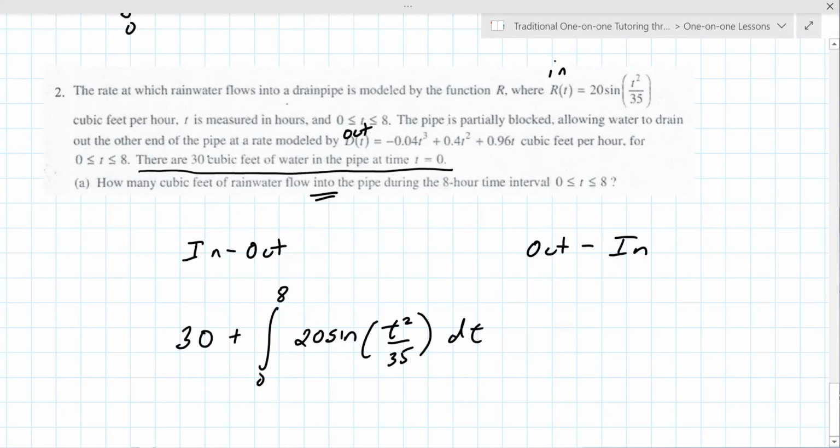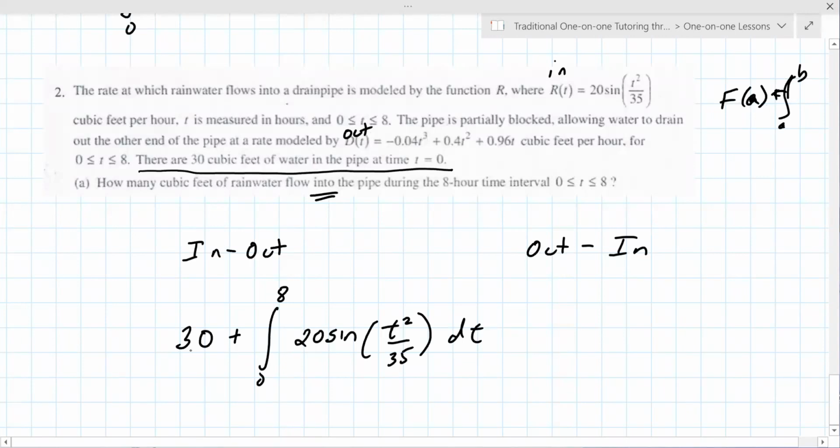They really emphasize this because I guess students forget that. It's like f of a plus the integral from a to b. You're supposed to account for the initial amount, and it's usually at time 0.